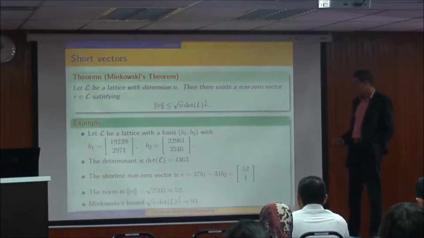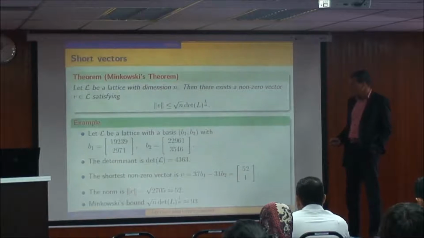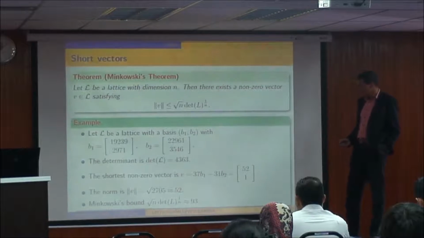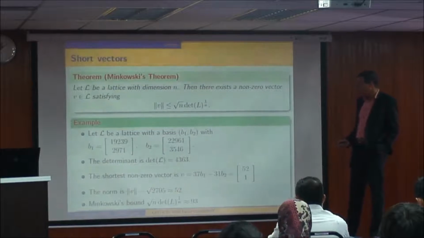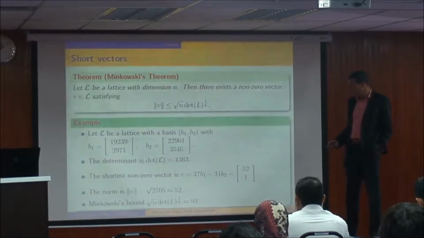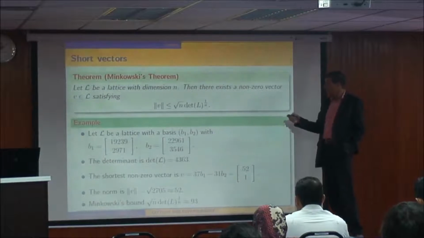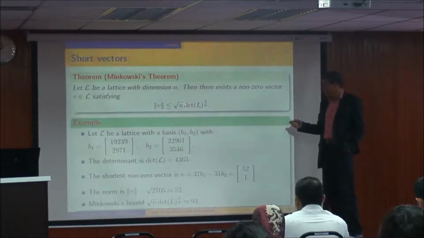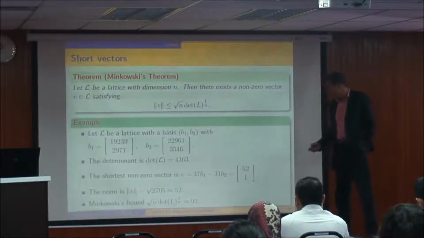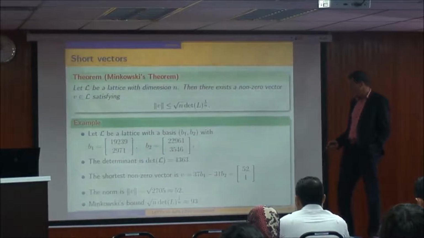So we can find that the norm of the vector is approximately 52. And if we compute Minkowski's bound, we can find that this bound is approximately 93.